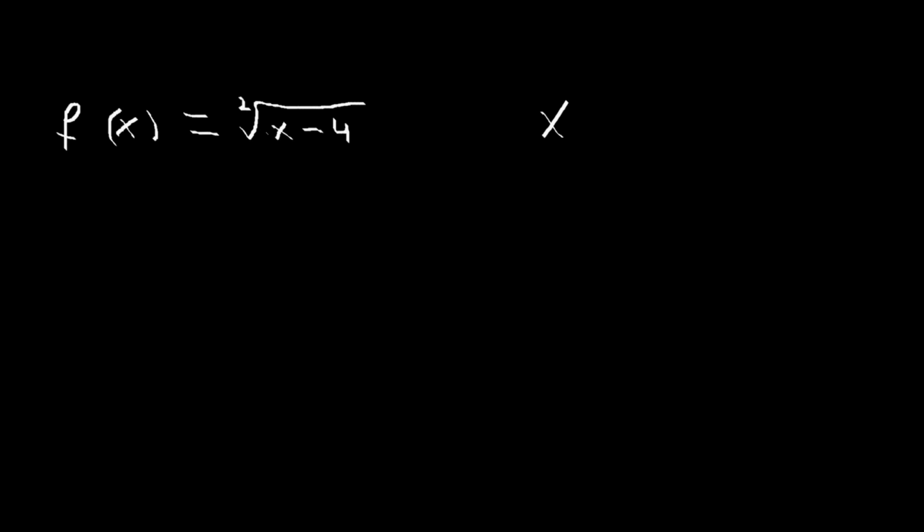So x minus 4 should be greater than or equal to 0, because the square root of 0 is 0. Now we know. To determine the domain, x should be greater than or equal to 4.